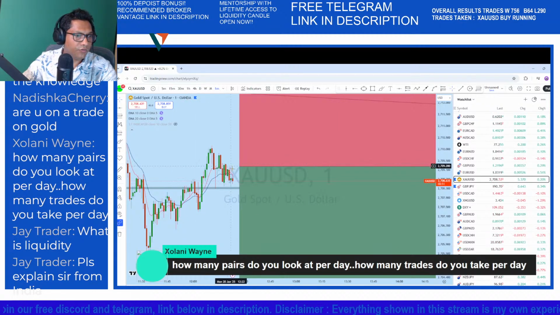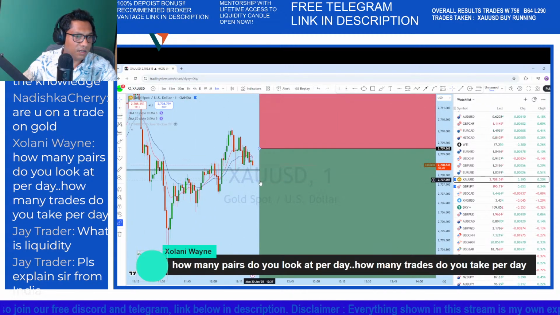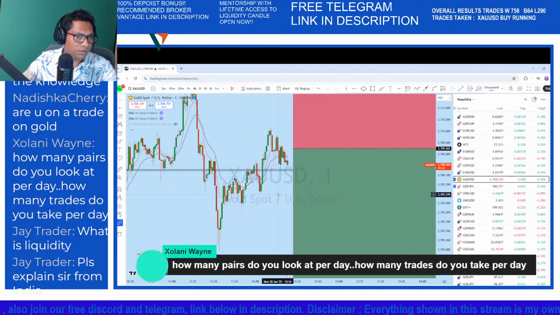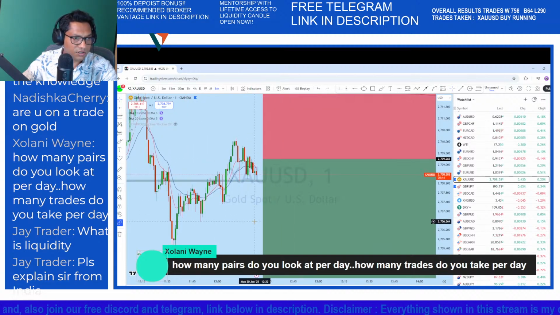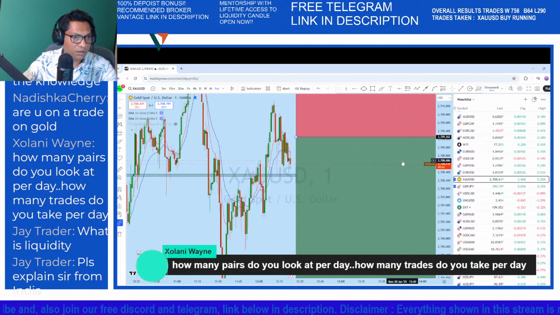From this resistance line we can expect a melt in the direction to create a new lower low.